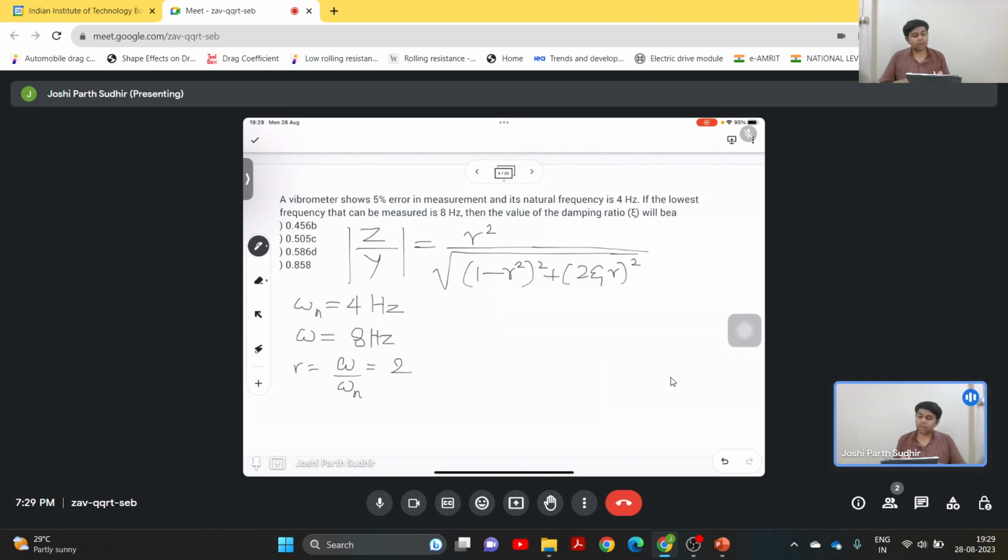It is given that the vibrometer shows 5% error in the measurement. Z is actually the measured signal and Y is the actual one. So when we say there is a 5% error in measurement, it means that (z minus y) upon y is equal to 5 by 100.